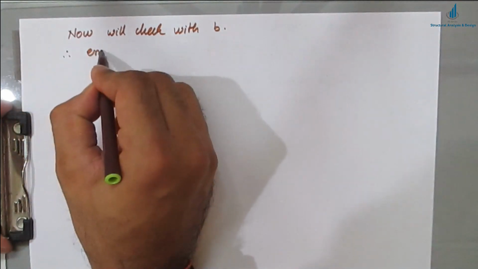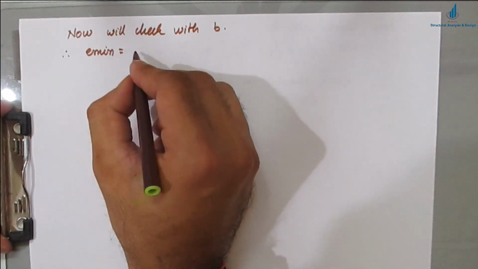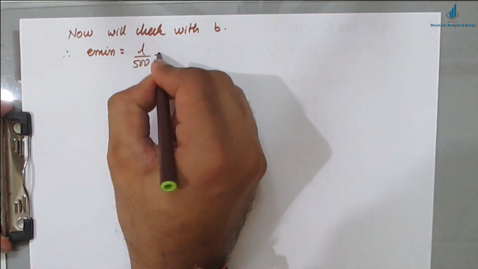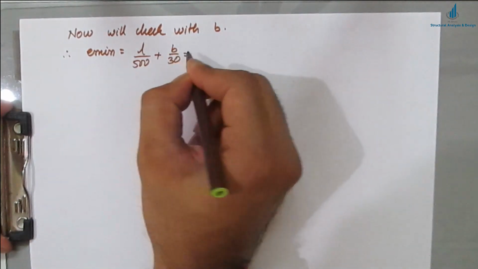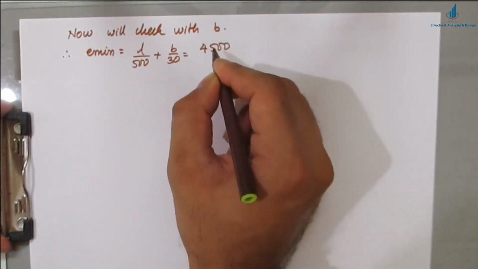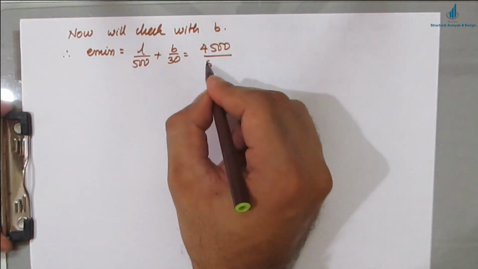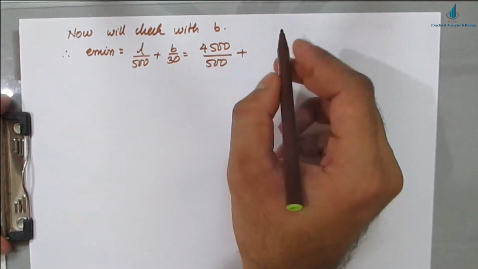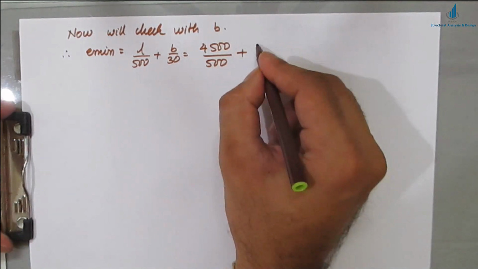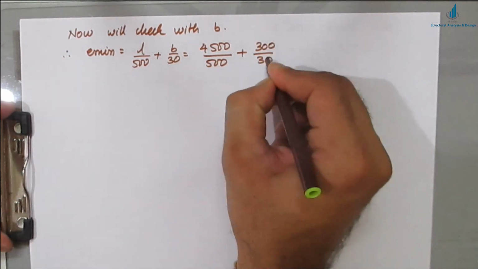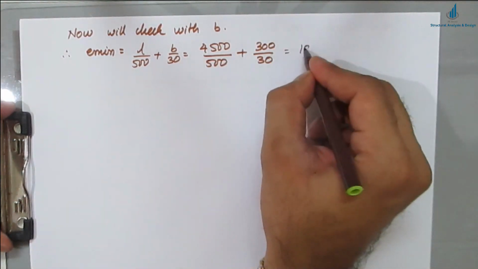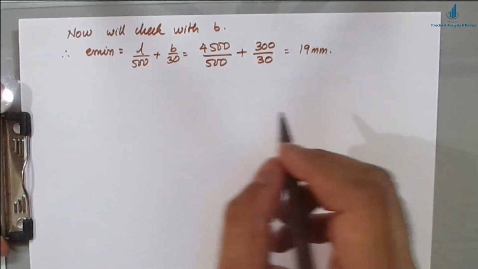Therefore, E minimum equals L by 500 plus B by 30. So 4500 was our unsupported length divided by 500. The other lateral dimension, with respect to B, is 300 divided by 30. So this comes out to be 19 mm.